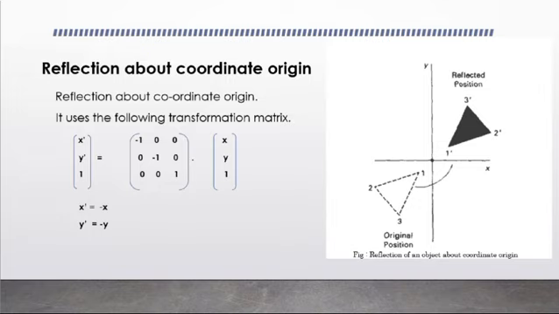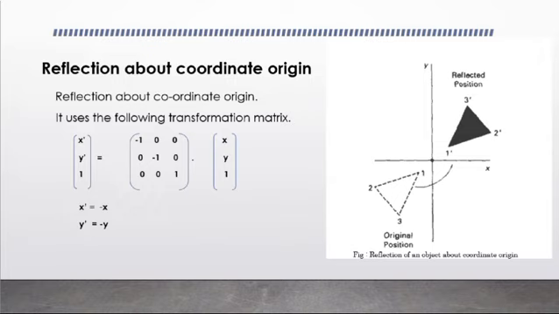Next, we can discuss about reflection about coordinate origin. For reflection about coordinate origin, the x values and y values become negative. Here is the transformation matrix for reflection about coordinate origin. The new coordinates can be represented as [x' y' 1] equal to [-1 0 0; 0 -1 0; 0 0 1] into [x y 1].